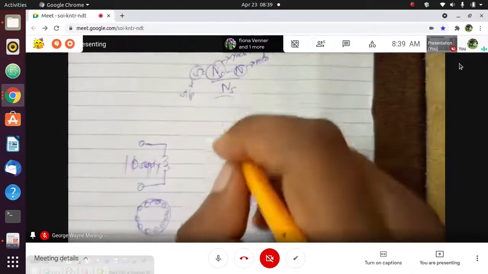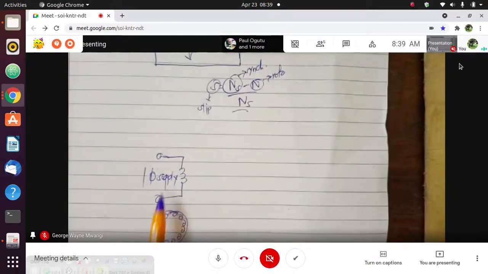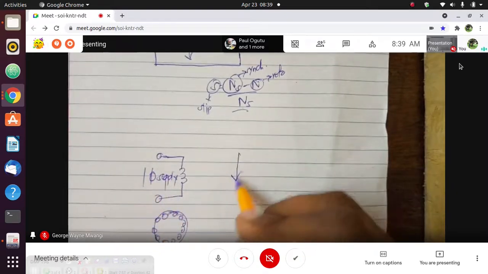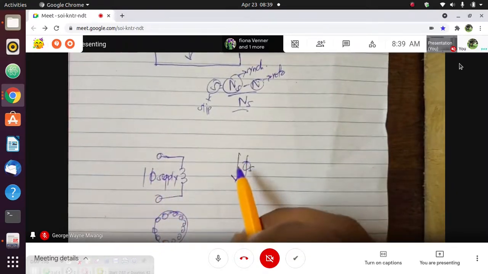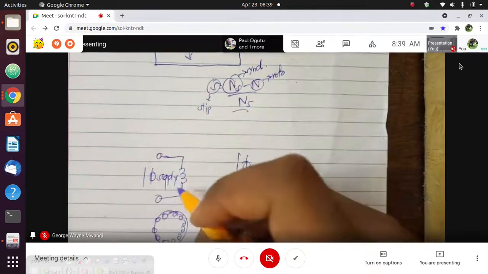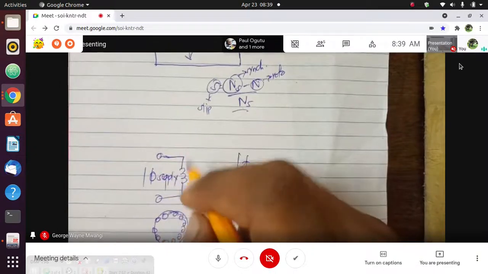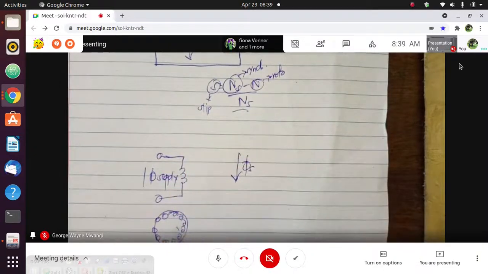Now when you supply single phase current into the stator windings, a pulsating flux is produced, and this pulsating flux will act along the axis of the stator windings. Now this pulsating flux induces another flux.